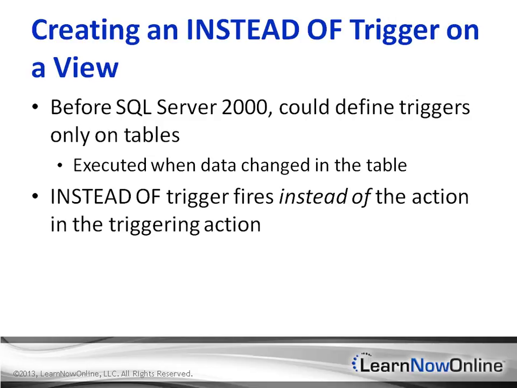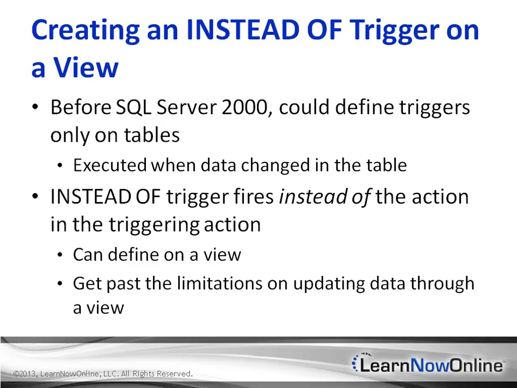But instead of triggers have a definite place because you can use them with views. And that's the big difference. That's really the big benefit of using this kind of trigger. So in other words, you can update tables and views that would normally not be updatable by using an instead of trigger.